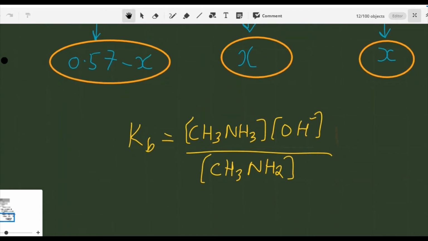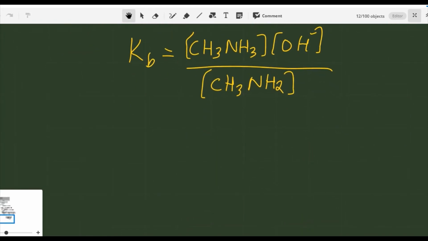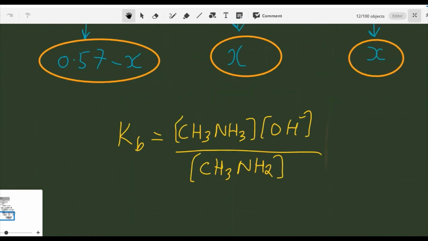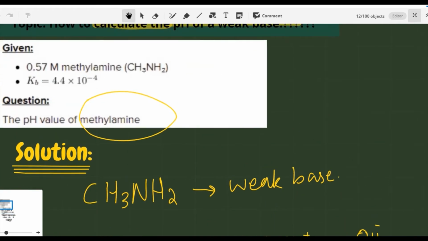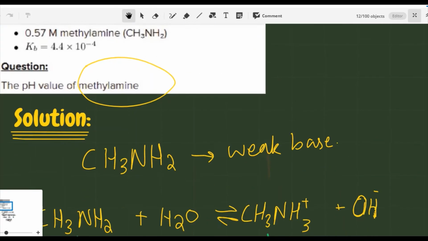You have to put in the values, because here Kb acts as a Kc, the equilibrium constant. The value of Kb is given, that is 4.4 times 10 to negative 4.